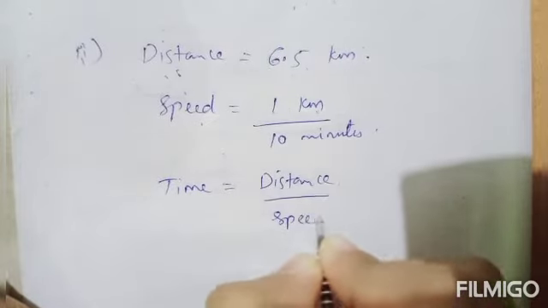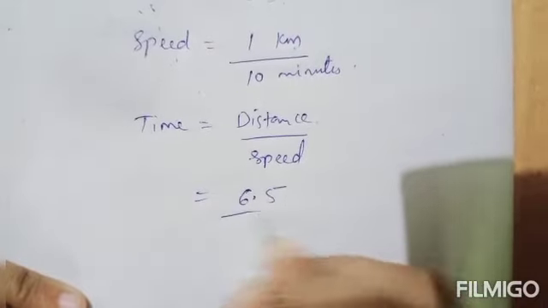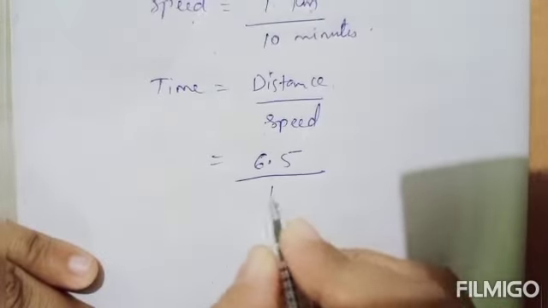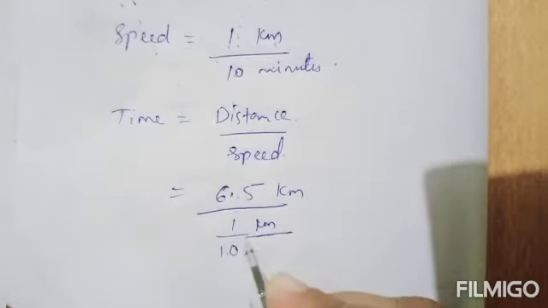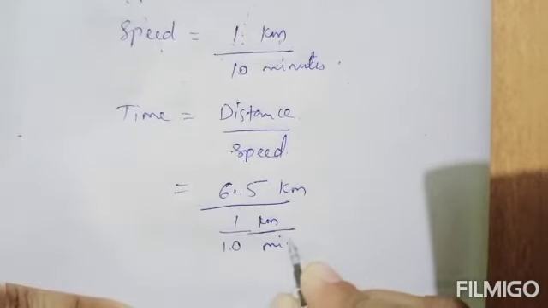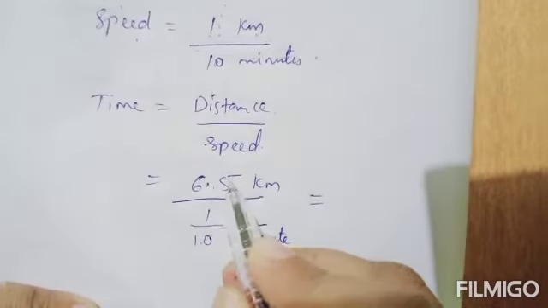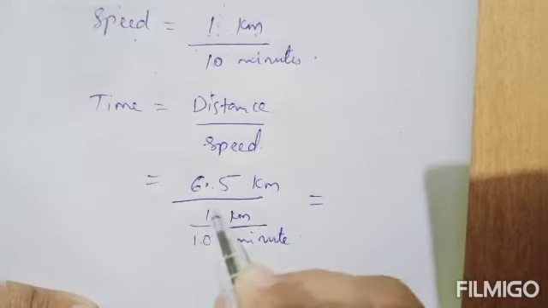This is the formula. Now substituting distance, it is 6.5 by speed, it is 1 by 10. Unit also, let us write here kilometer, here speed kilometer per minute. Okay. Now 6.5 by 1 by 10, you can divide this. 6.5 divided by 1 by 10.